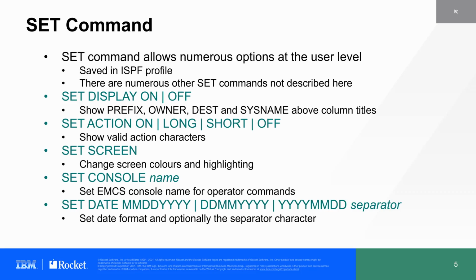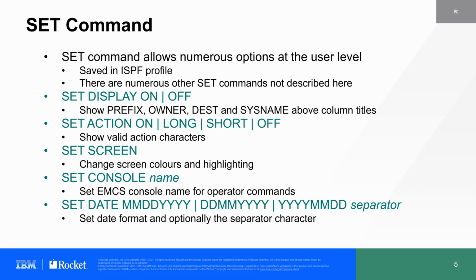SET SCREEN changes any colors or highlighting options that we have within the product. SET CONSOLE with a name sets your default EMCS console name if you're authorized to issue operator commands. You can also change the date formats for most dates within the product.